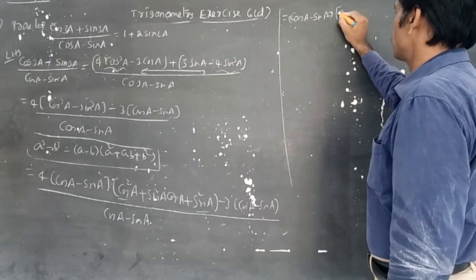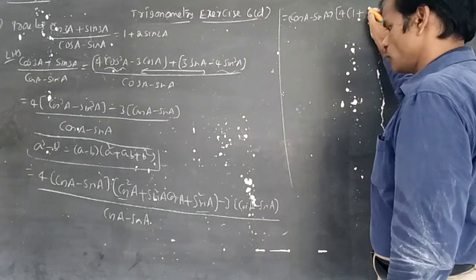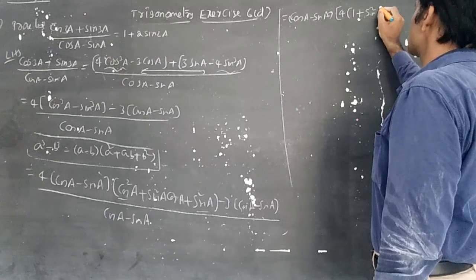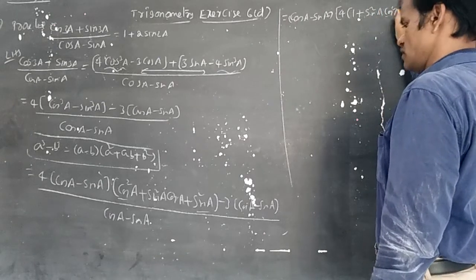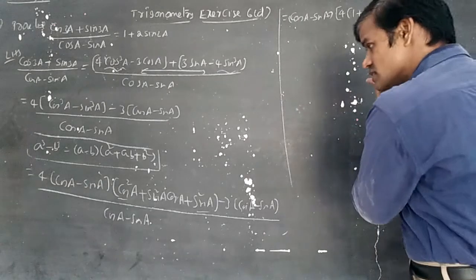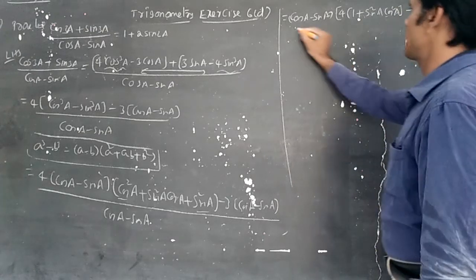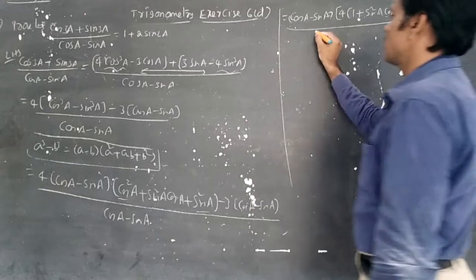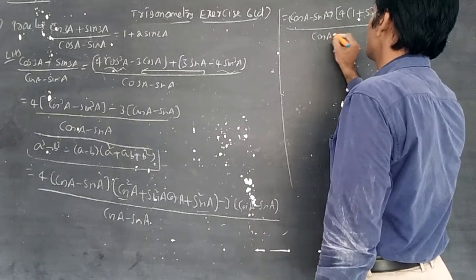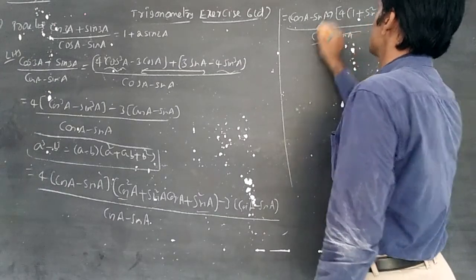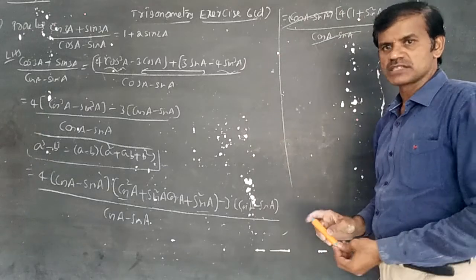So it is 4 into 1 plus sin a cos a, minus 3, by cos a minus sin a. Cos a minus sin a and cos a minus sin a get cancelled.